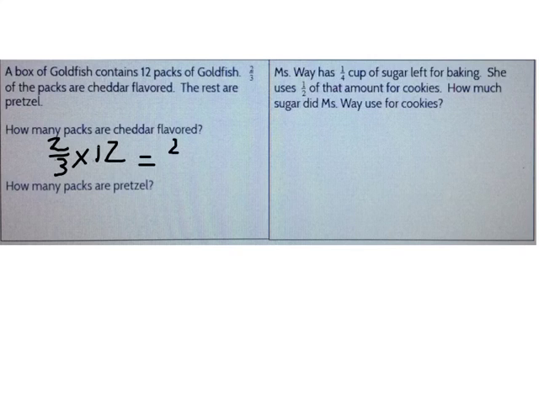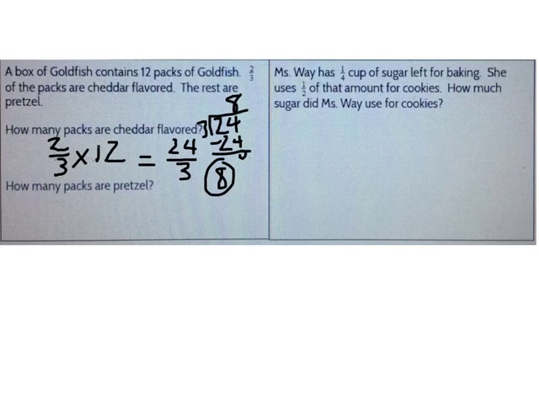Well, 2 times 12 is 24, and my denominator stays 3. How do I write that as a whole number? Well, 24 divided by 3 is 8, with none left over. So, 8 packs are cheddar flavored.